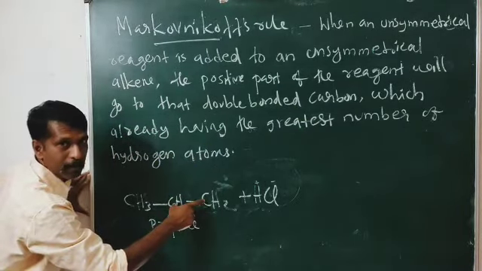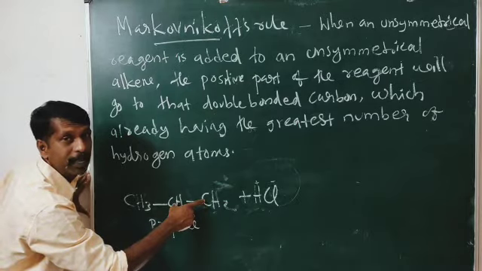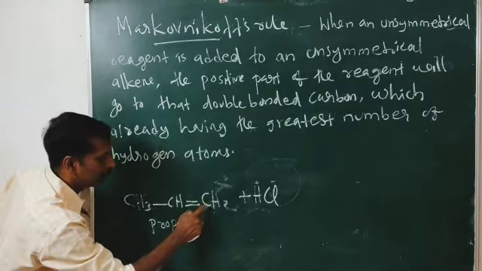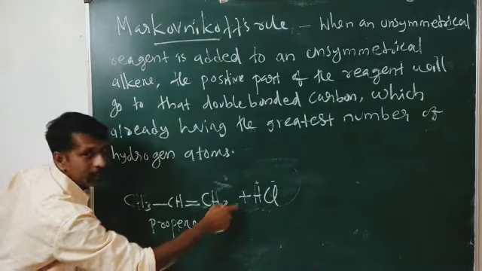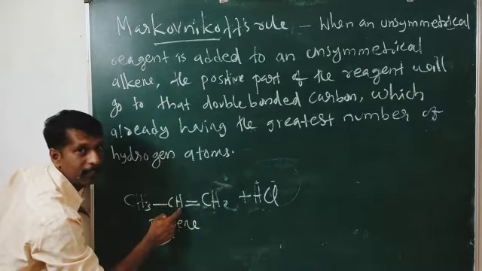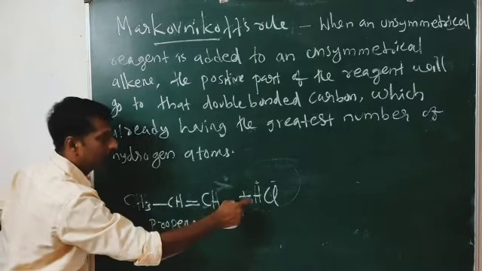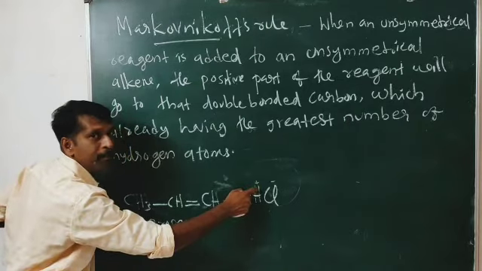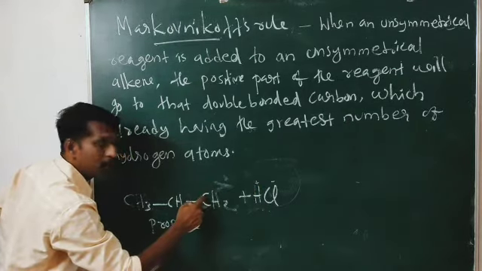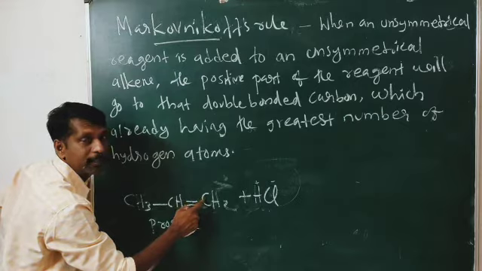In this double bond, which carbon has the highest number of hydrogen atoms? This carbon has 2 hydrogen atoms and this carbon has only 1. Therefore, according to Markovnikov's rule, the positive part of the reagent will go to the carbon having the highest number of hydrogen atoms.